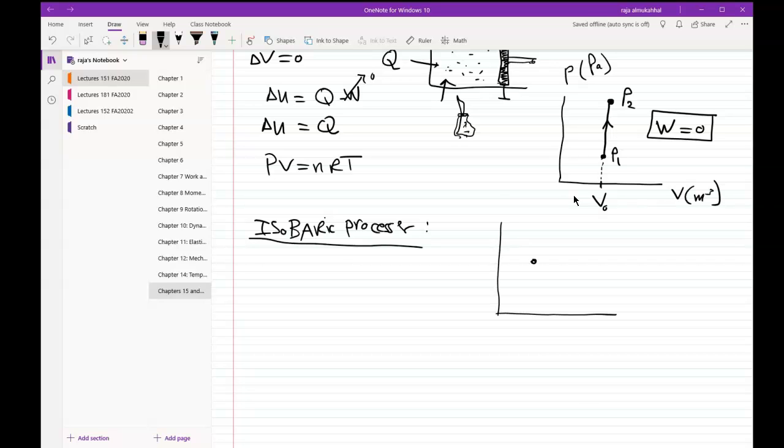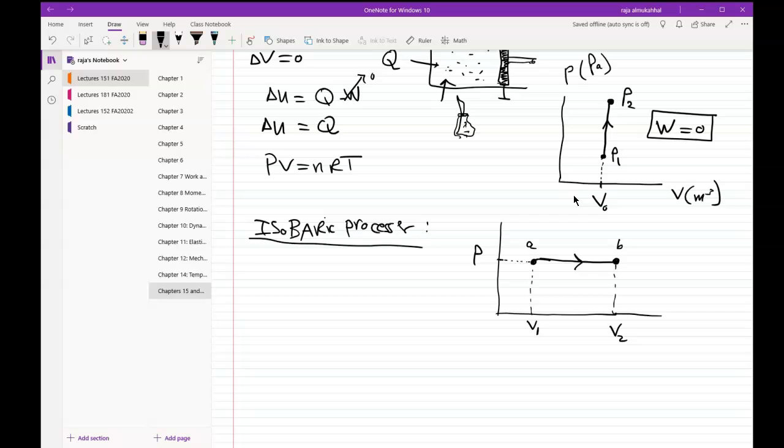So I'm starting with some volume V1 right here, and the same pressure, so it's just going to go like that until it reaches some later volume, V2, from point A to point B, but at the same pressure. You see what I'm saying?